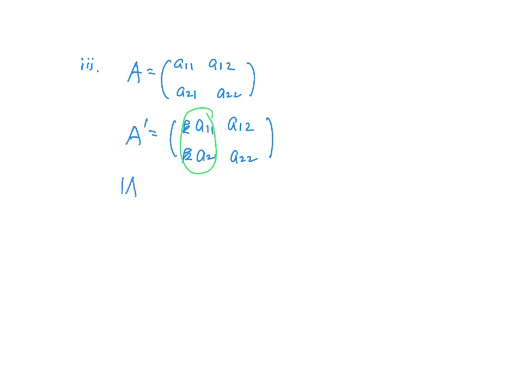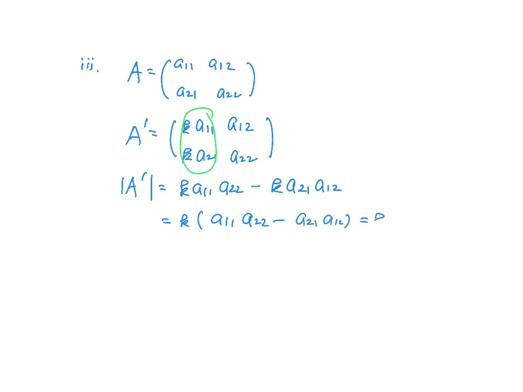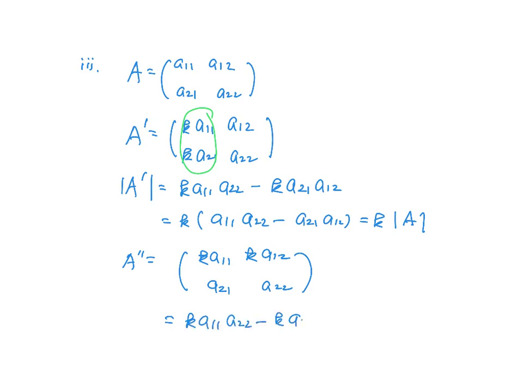Then determinant A prime is KA11, A22 minus KA21, A12, which is K times A11, A22 minus A21, A12, which is K times determinant A. Or you can multiply a particular row by some constant, A double prime, say K A11, K A12, A21, A22, which is again K A11, A22 minus K A12, A21, which is K times A11, A22 minus A12, A21, which is K determinant A.